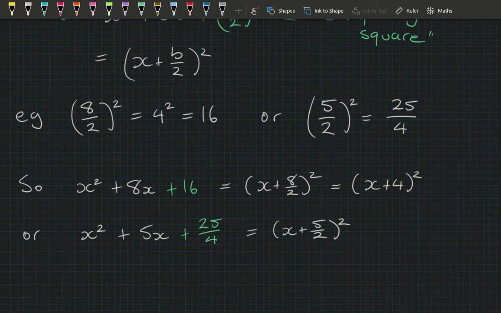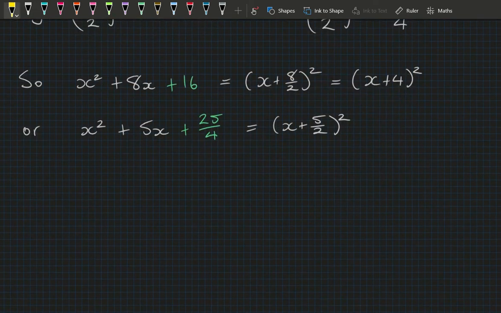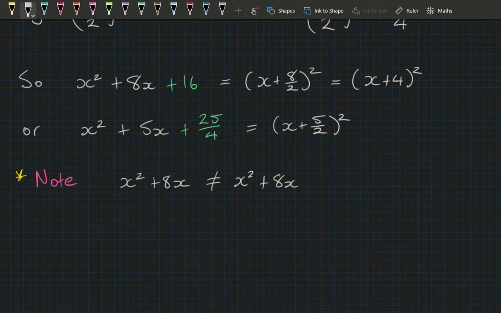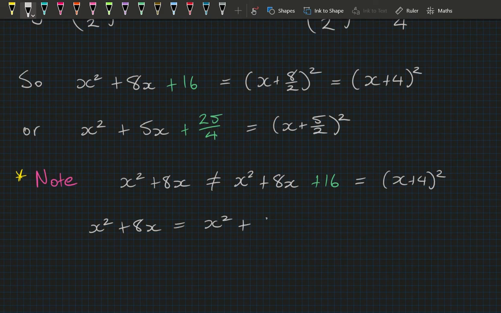Of course, we can't just add a number to an expression without changing it, so please note that x squared plus 8x is not equal to x squared plus 8x plus 16, which as we know is (x plus 4) squared. But x squared plus 8x is equal to x squared plus 8x plus 16 minus 16, because this essentially is just adding 0.